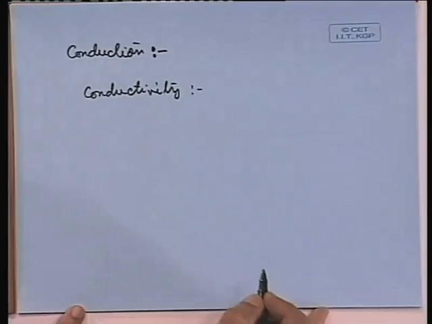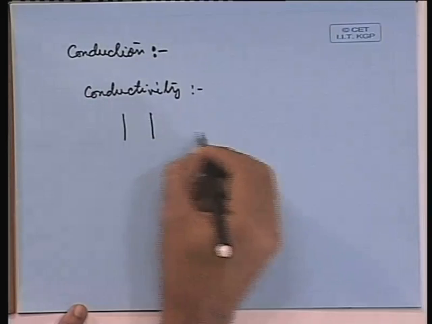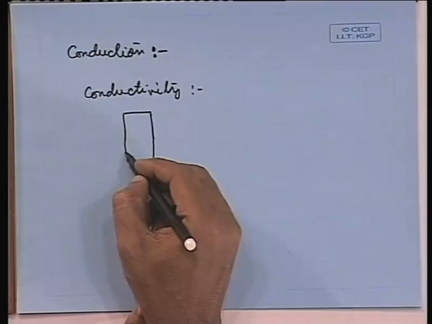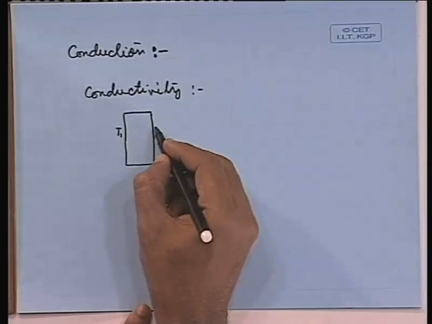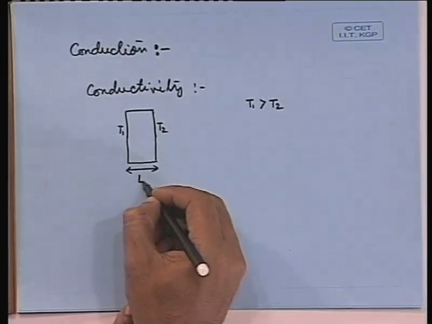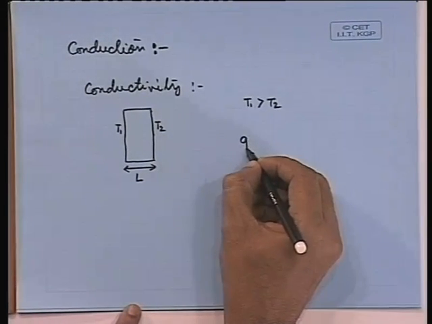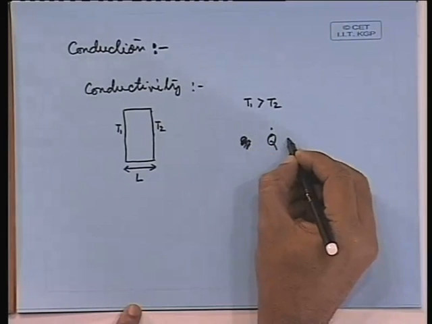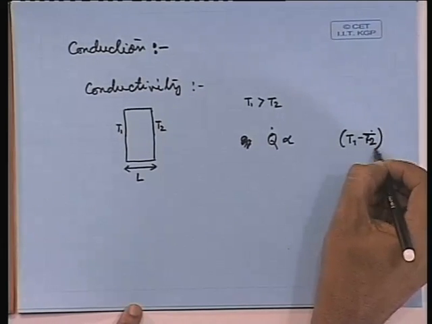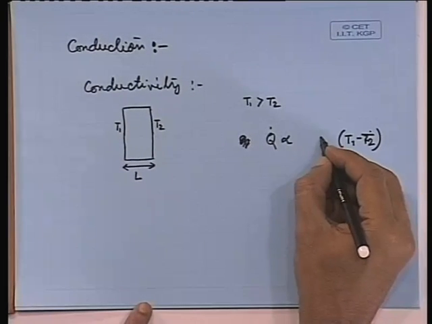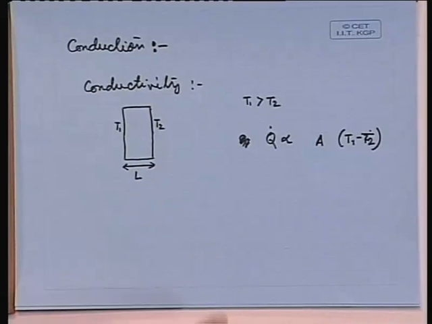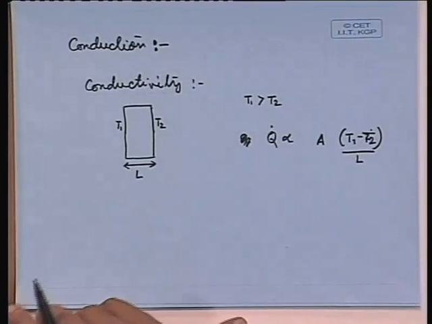Conductivity is like this: if we make a simple experiment where there is conduction along a particular direction, let us say we have an infinite plain wall, and we are maintaining one temperature T1 here and one temperature T2 here, and let us say T1 is greater than T2, and we have a thickness L. Then we will see Q, the rate of heat transfer, let us put it as capital Q, that will be proportional to T1 minus T2, proportional to the area through which we are allowing the heat to pass, and inversely proportional to L. So, we need a constant of proportionality.